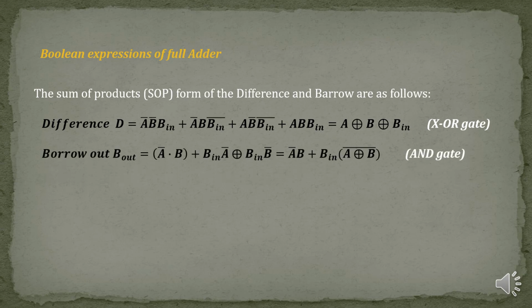Borrow output B out we get as A bar B plus B in times A ex-nor B. Finally we get A bar B plus, taking B in bar common here, A ex-nor B bar. This is the output of the AND gate.